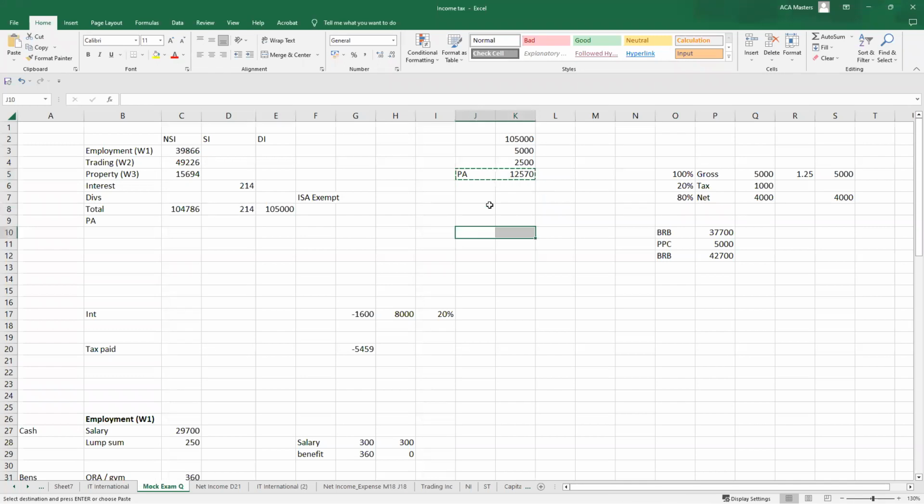However, remember that when you do this test to say, is income over 100,000, you of course deduct any personal pension contributions. So you might think, why didn't you deduct contributions to the workplace pension? Well, of course, those have already been included with reduced employment income. So this income is already reduced for those pension contributions.